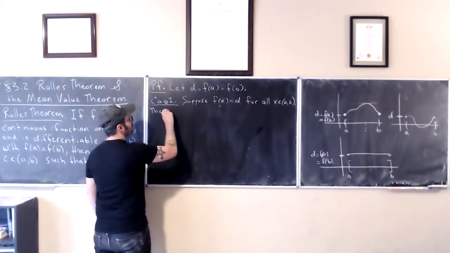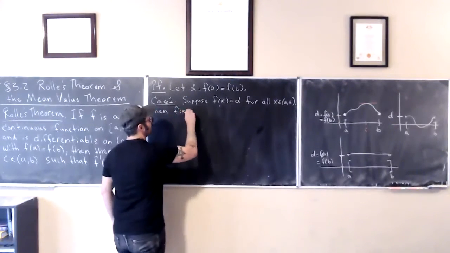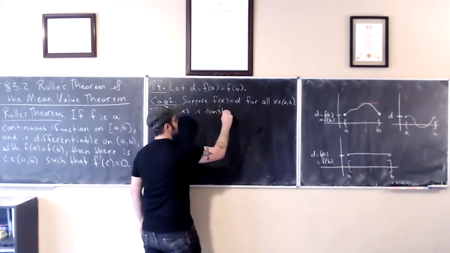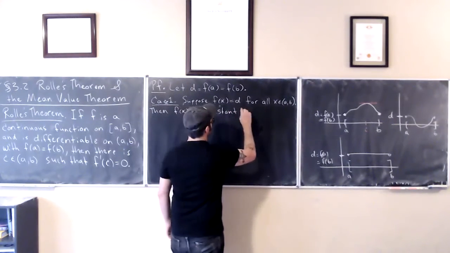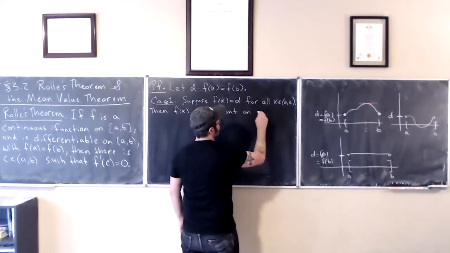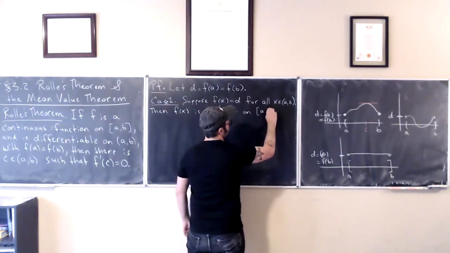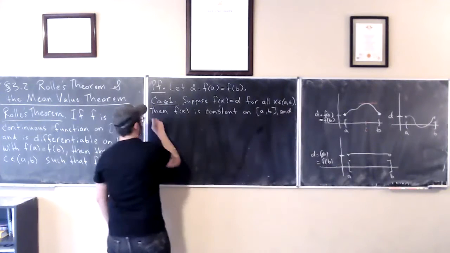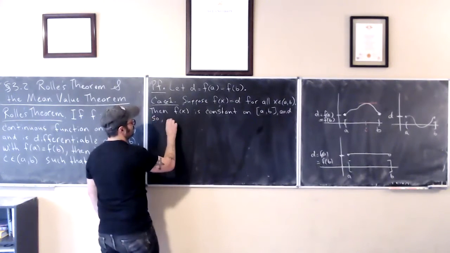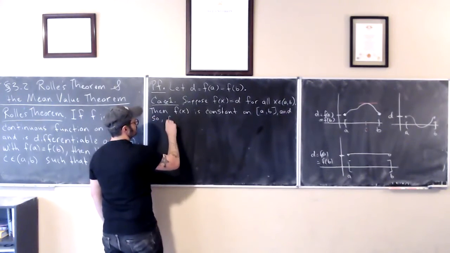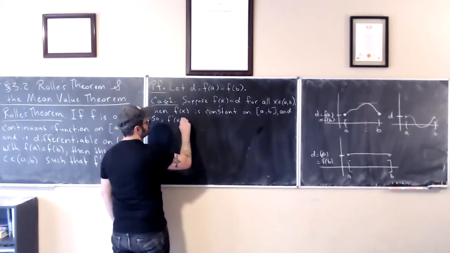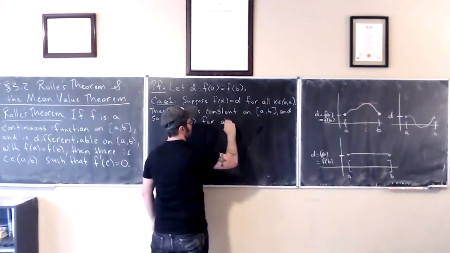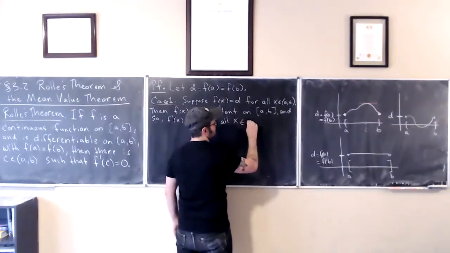So then f(x) is constant on [a, b]. And so f prime of x is equal to 0 for all x in that interval.